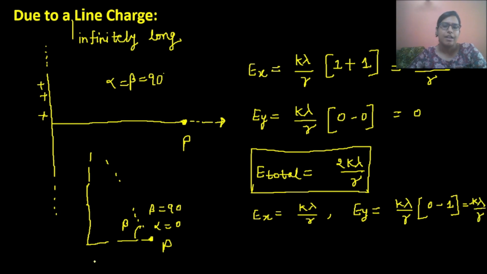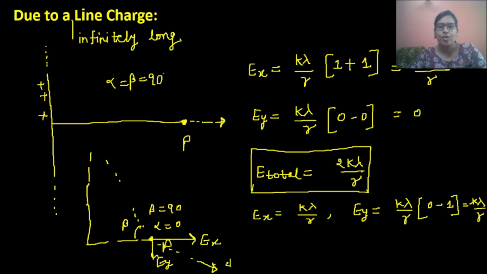That means the electric field at the point will be: Ex in this direction and Ey in this direction. Both components are the same in magnitude, so the total electric field will be in this direction at a 45 degree angle.